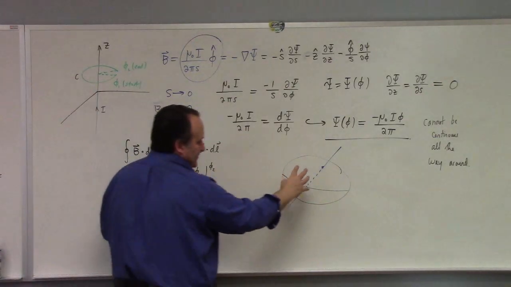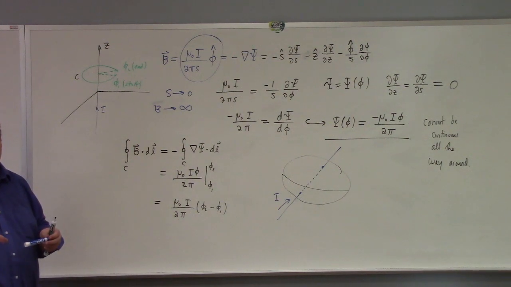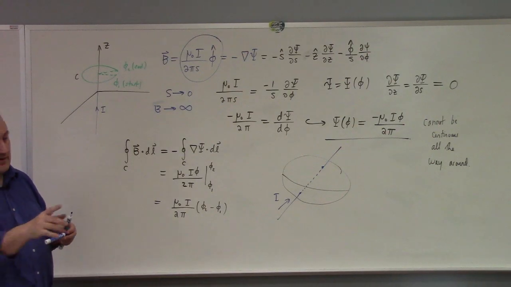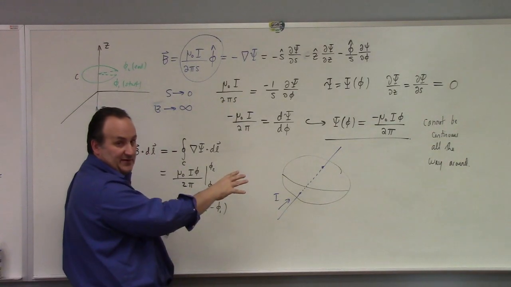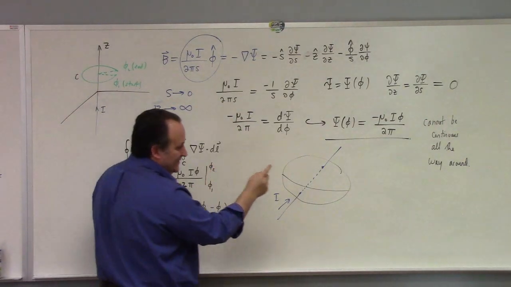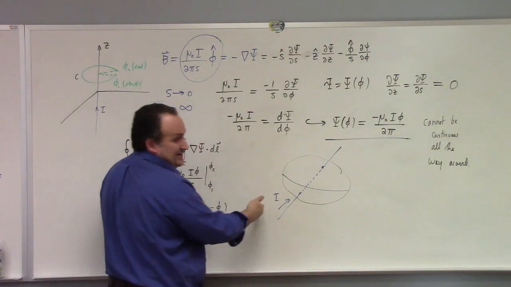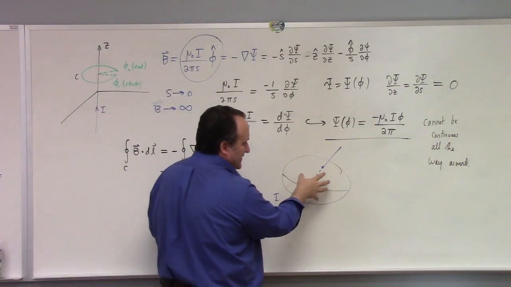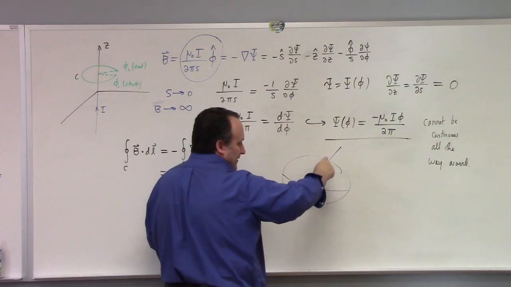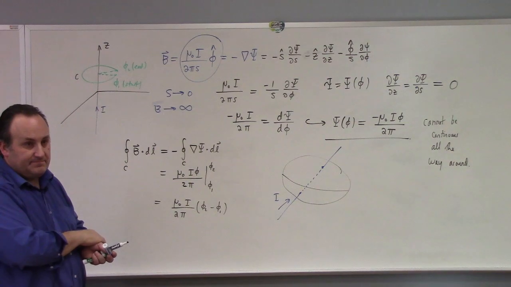And if that's the case, if you have a current going through your volume that you think you've found a scalar potential for, you haven't. Because if you encircle that current that's producing the magnetic field, you have to get that the integral around the loop is 0. And yet it can't be 0 because you have the current. In terms of the topology, the reason is that this blob with a thing deleted like that from one side to another is not simply connected.